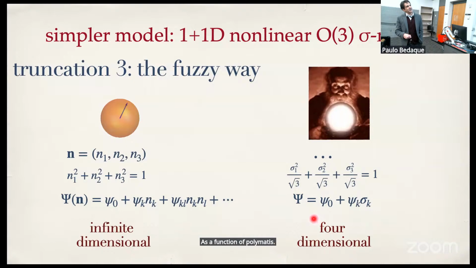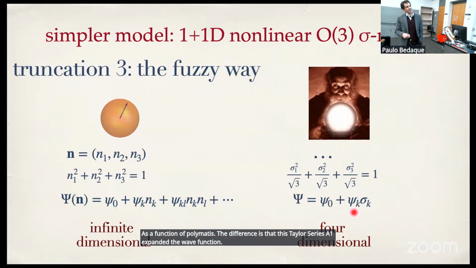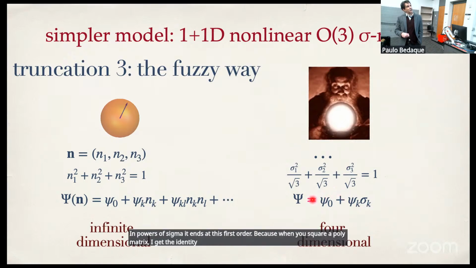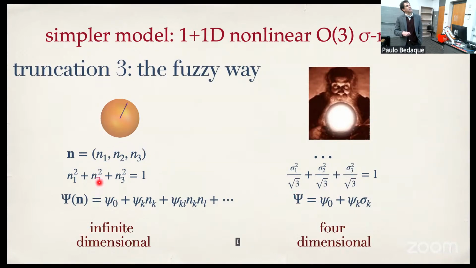The difference is that this Taylor series, when I expand the wave function in powers of sigma, ends at the first order, because when I square a Pauli matrix, I get the identity. So if I think of my wave function as being a 2 by 2 matrix, it's going to be a truncation of this thing here.